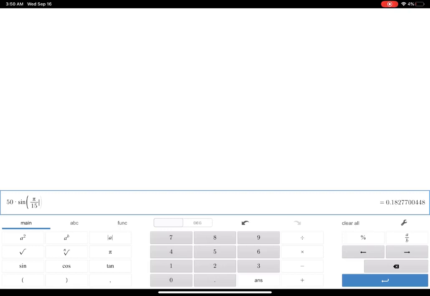We would have times 6, that's your time, minus, let's make another fraction, pi over 2 is what I called it. And then plus 51.